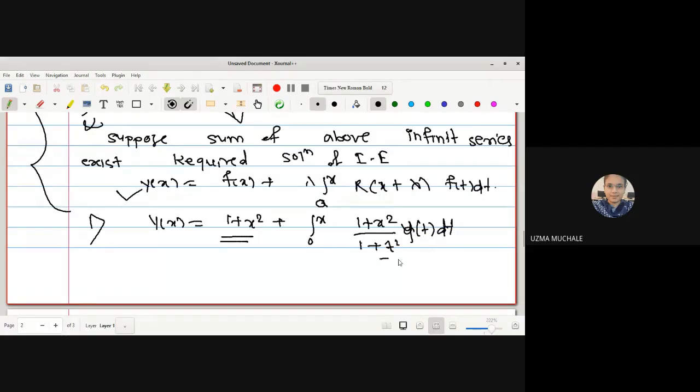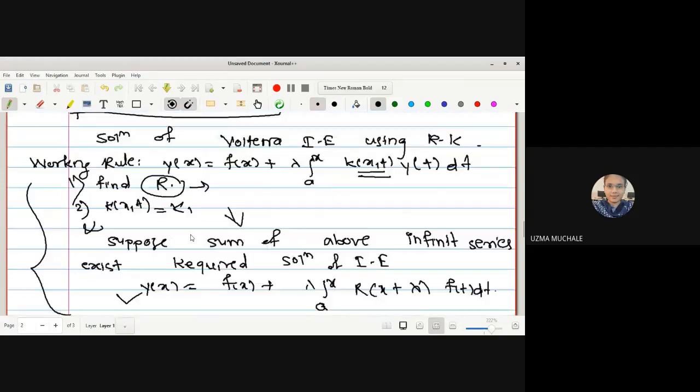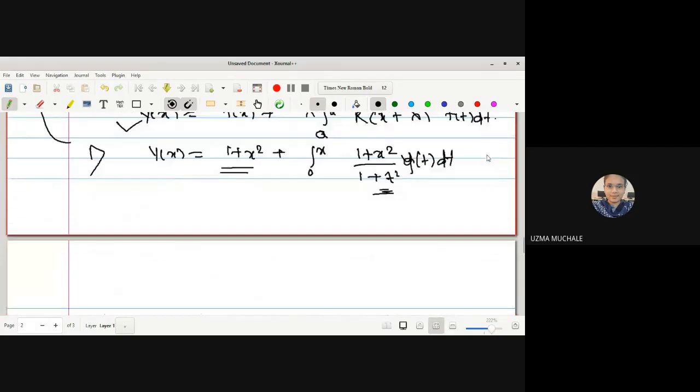This is f of x and this is your kernel k of x t. Comparing with our general equation 1, we get the value of lambda is 1, f of x is 1 plus x square, k of xt is equal to (1 plus x square) by (1 plus t square).